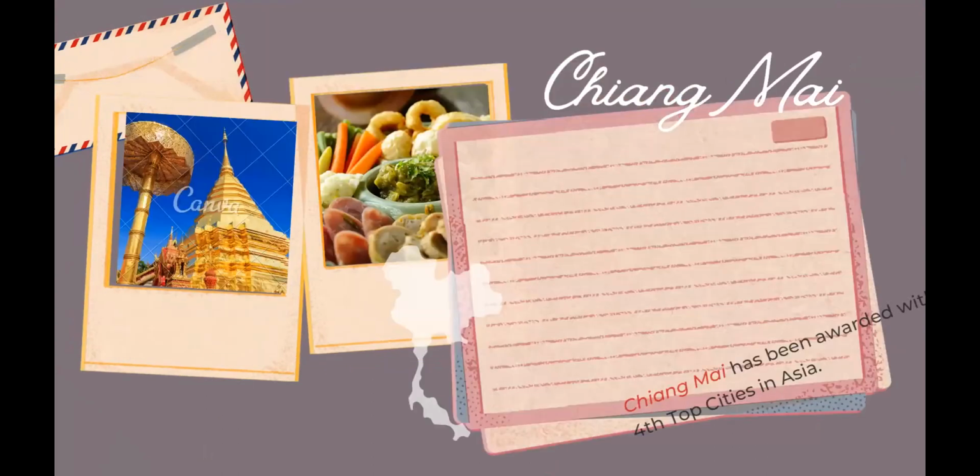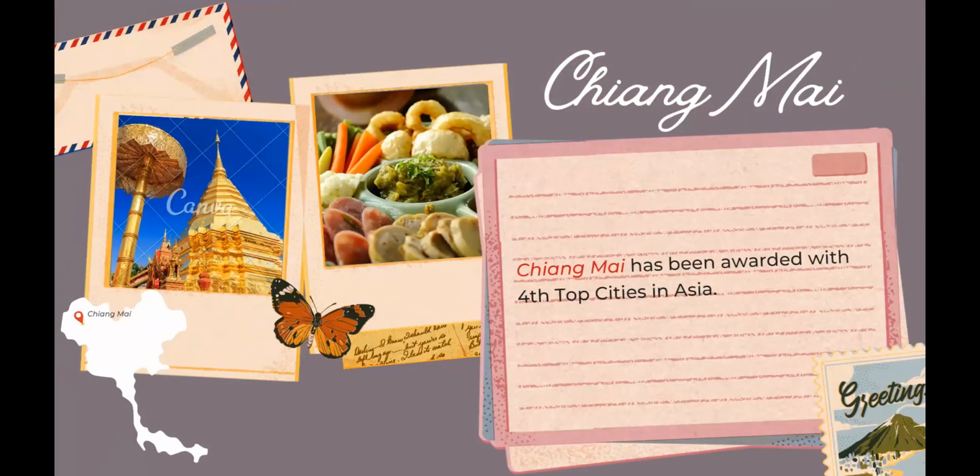Chiang Mai. Chiang Mai has been awarded as the 4th top city in Asia. The city itself is located in the northern part of the country, and it is one of the most attractive sites available in Thailand.